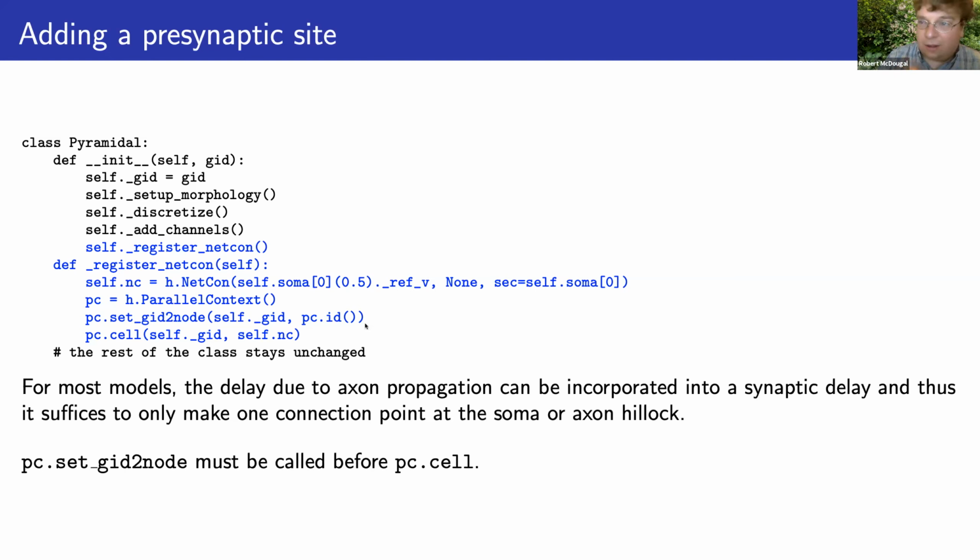So I, the current running process, am going to own this GID, and then pc.cell is going to map the GID and the netcon object together. You must call this set GID to node before you invoke pc.cell. All right, so it's pretty much always going to look more or less like this.